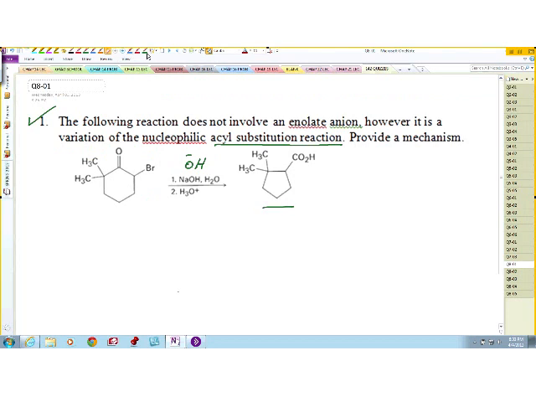So the hydroxide comes. The hydroxide, acting as a nucleophile, attacks that carbonyl carbon because it is electrophilic, and of course this pi electron goes to oxygen. So we have this intermediate.